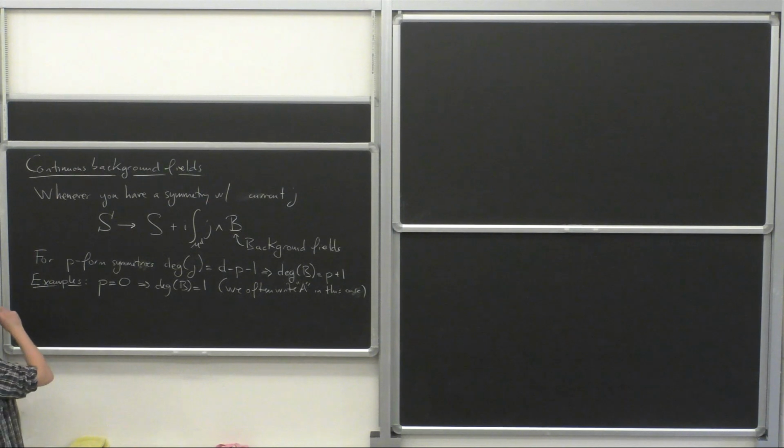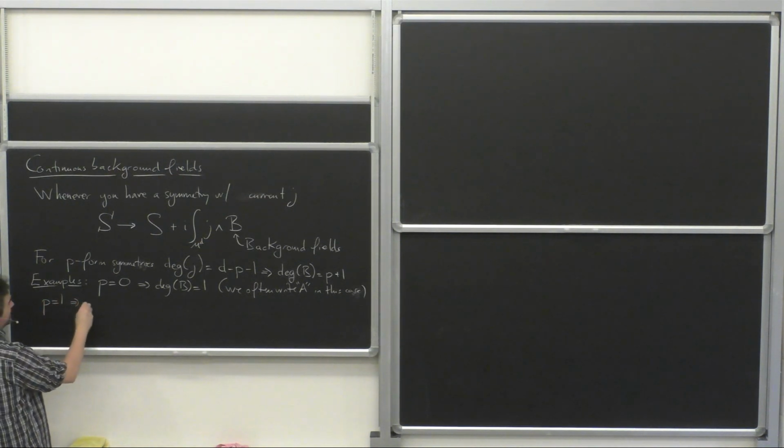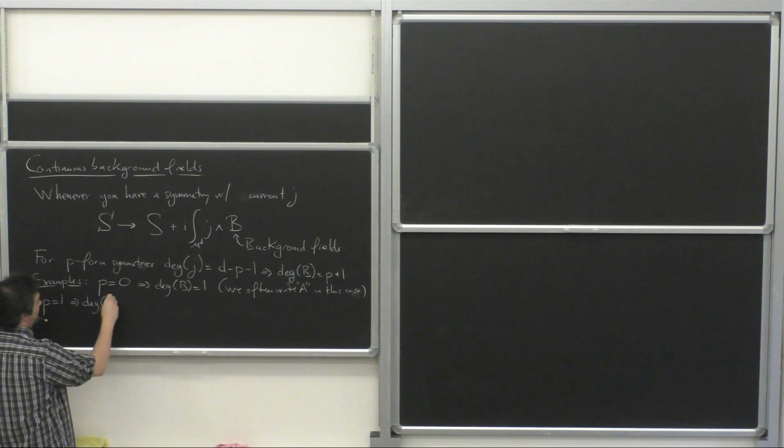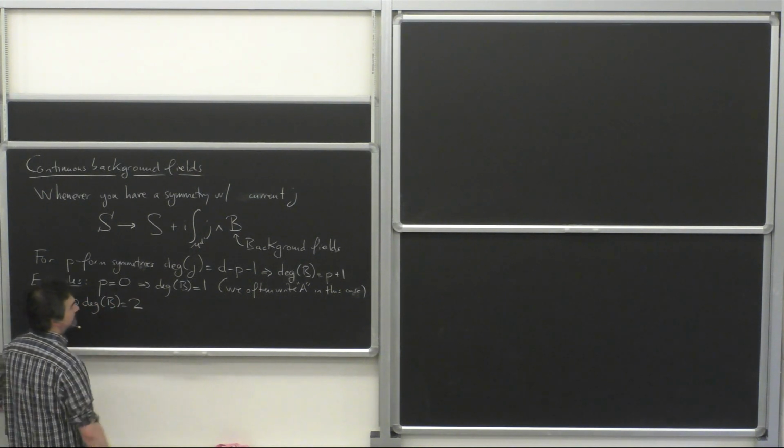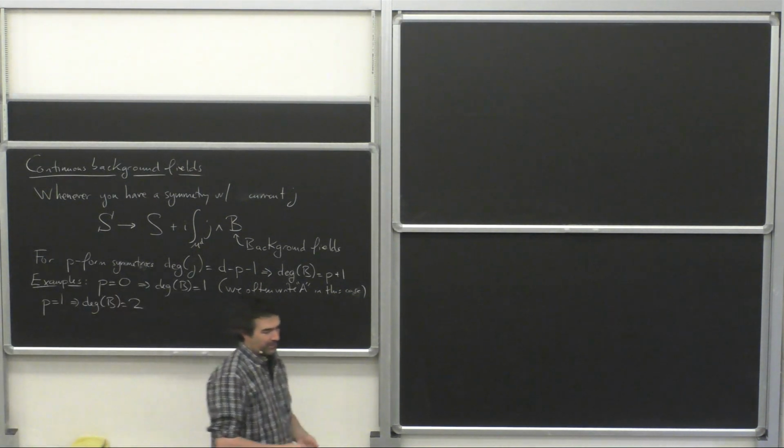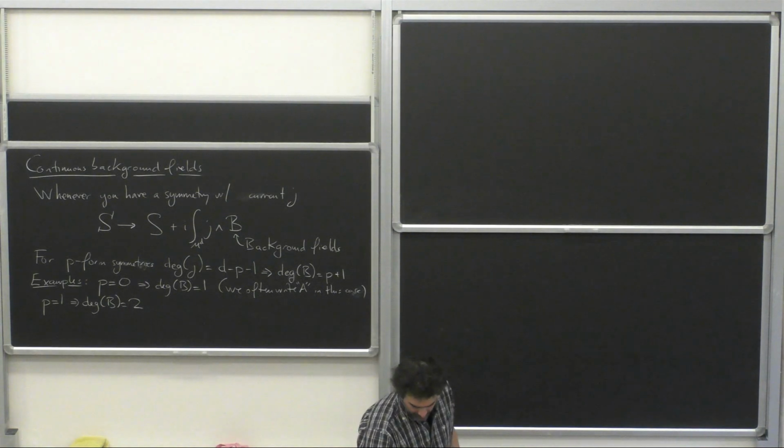All right. In the case of Maxwell theory, the symmetry of interest had p equal to 1, in which case the degree of B is 2. But we have two of those.